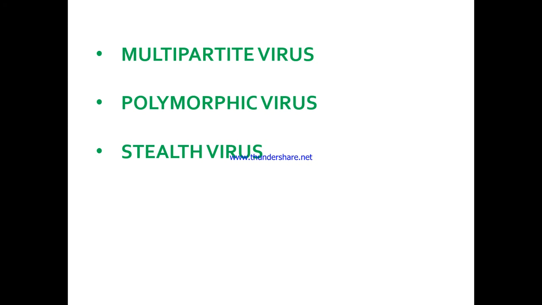So these are the three types of viruses: multiparite, polymorphic and stealth. Multiparite affects both the boot and the program sector. Polymorphic changes its code when it passes from one computer to another. And stealth viruses use a technique so that the user or antivirus cannot detect them.